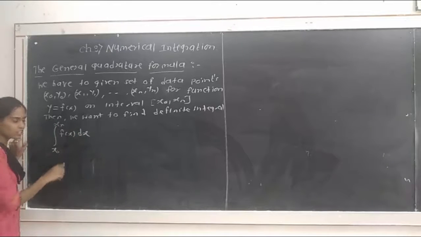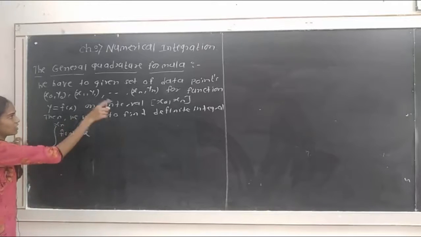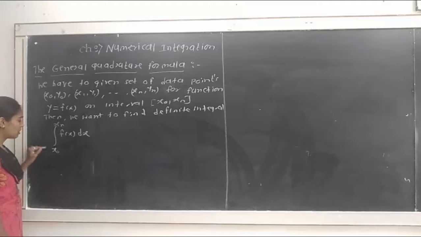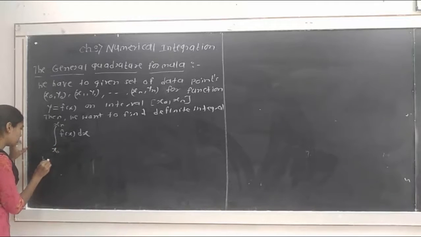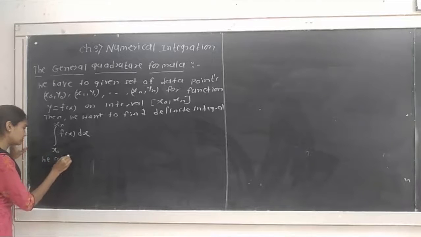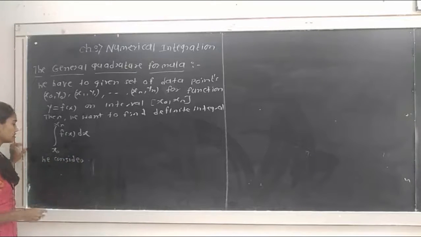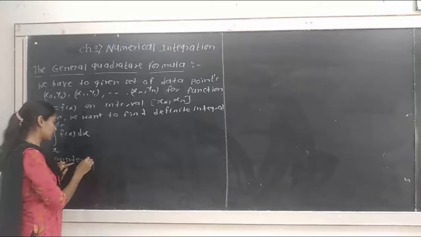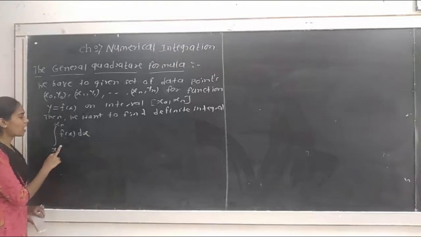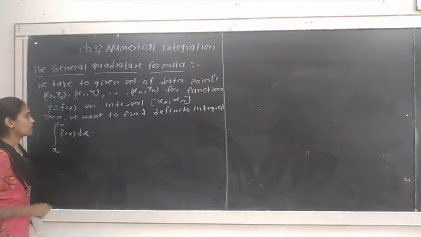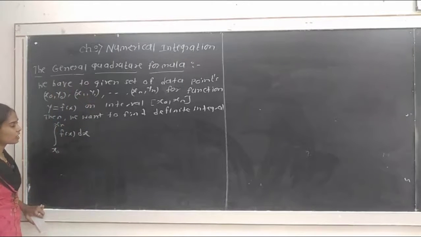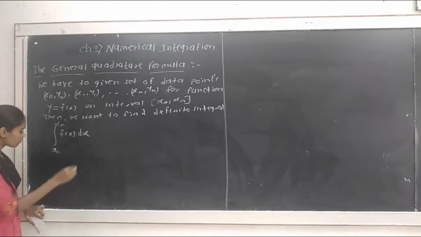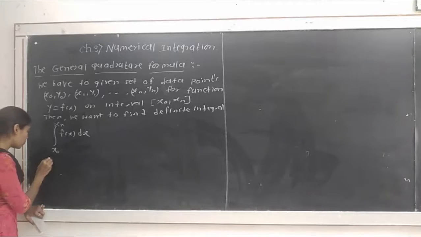We want to find this integral using this set of data points. For that, we want to obtain the general quadrature formula by using the forward difference interpolation formula.